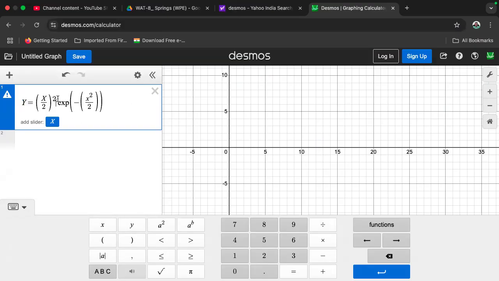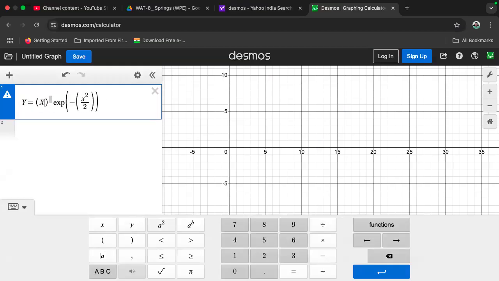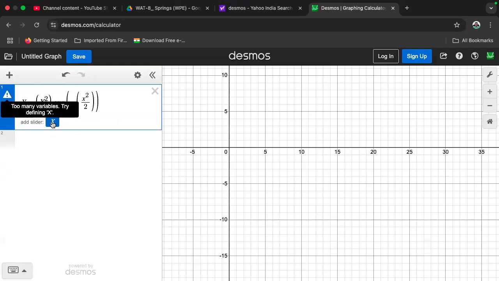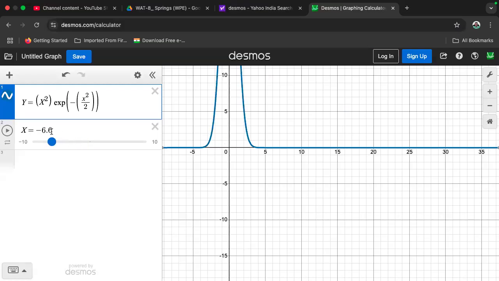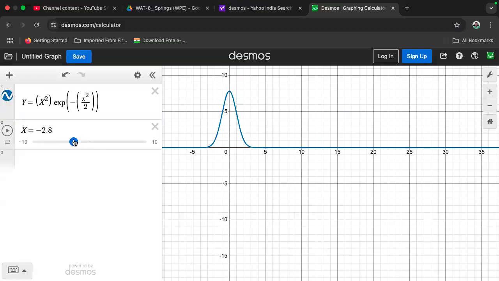This is the graph. That is how you will have a function.